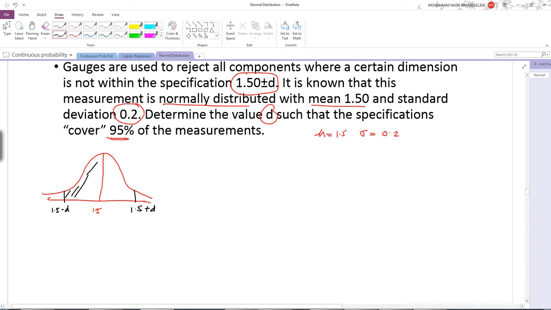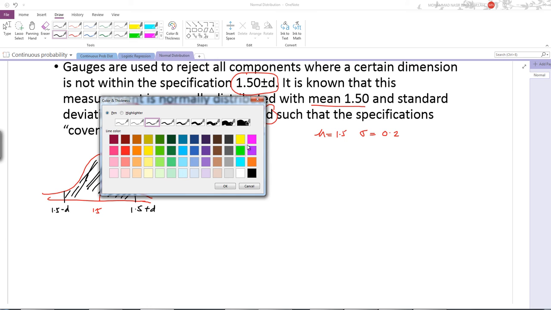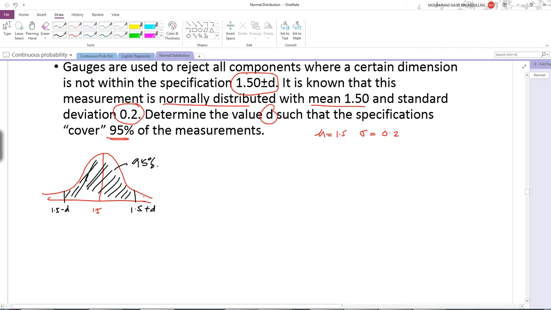This is the area that covers 95%. If we look at another color, what percentage is left here? This is 2.5% and this is 2.5%. Remember, the area on the right hand side is also equal to the area on the left hand side. So the total area here is equal to 100%.